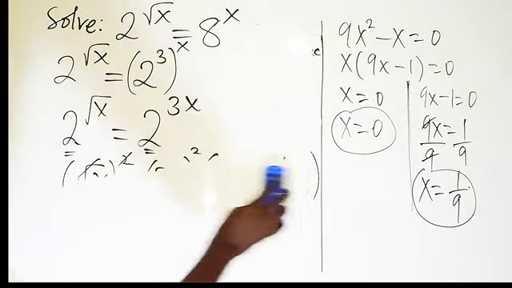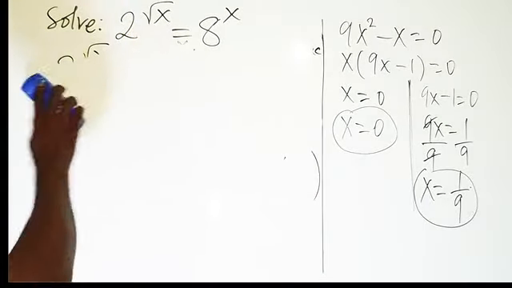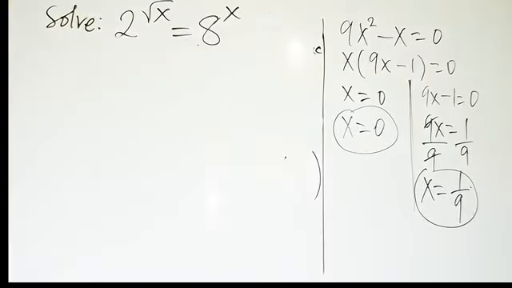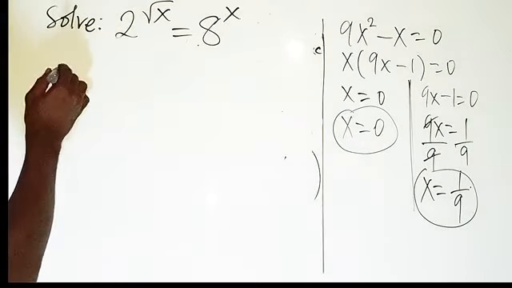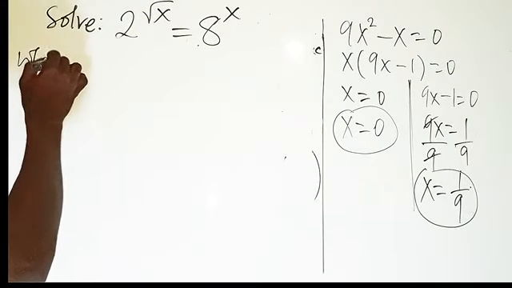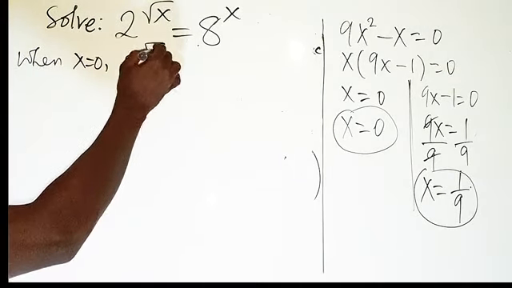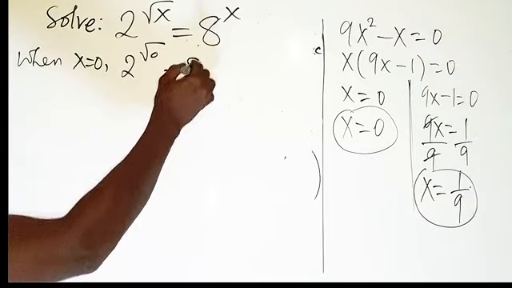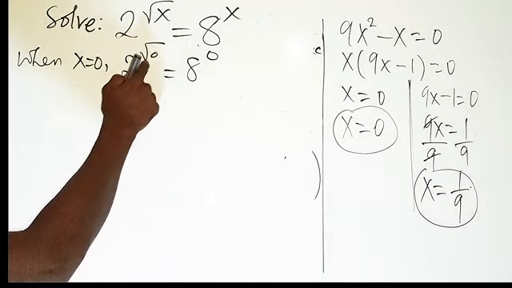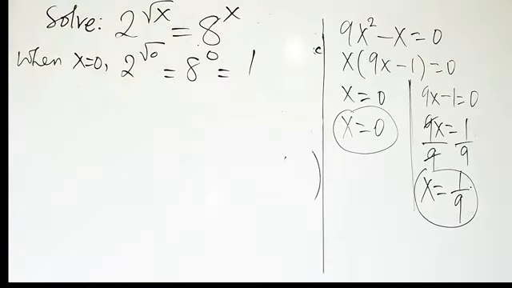If I put x equals 0, we have 2 to the power 0 equals 8 to the power 0. So everything here will be 1. So it means x equals 0 is satisfied.